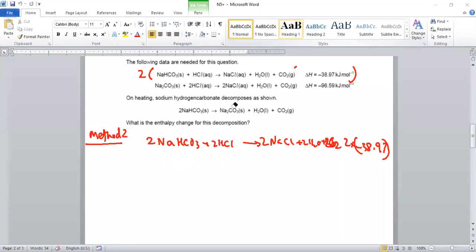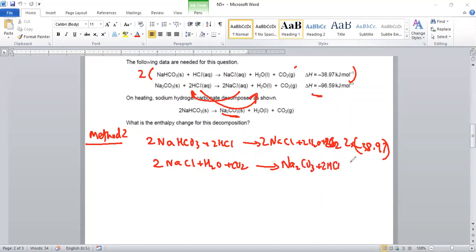The sodium carbonate in the required equation is on the product side, but in the given equation, it is on the reactant side. So flip the equation. Can we flip the equation? Yes, reactant side to the product side, product side to the reactant side. What is the rule? The delta H sign will be flipped. Instead of minus, you will have plus 96.59.